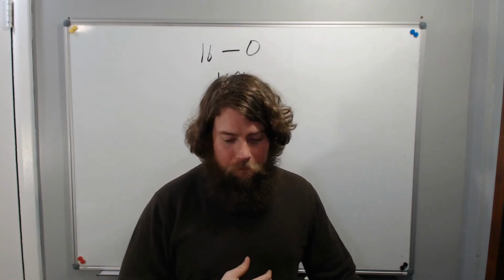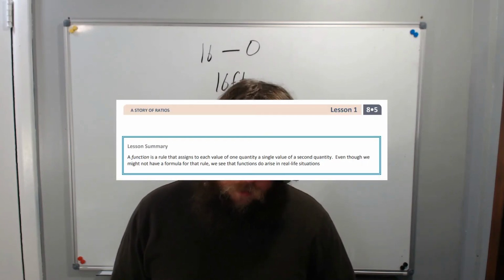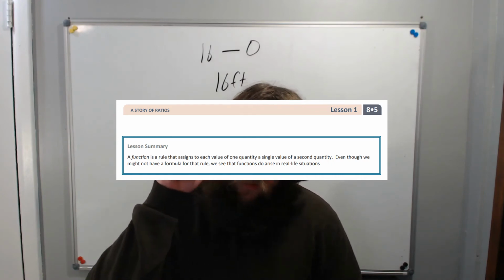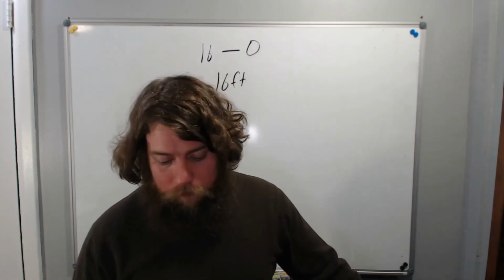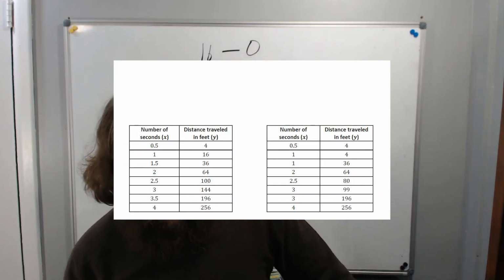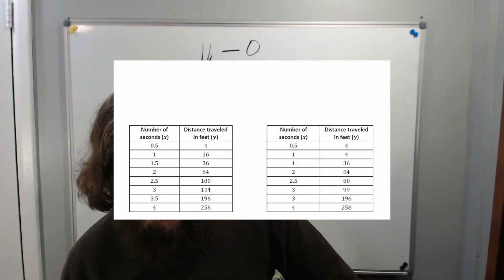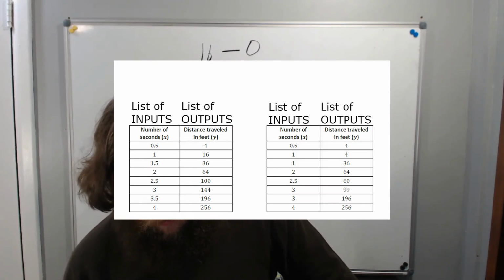So we'll see that it cannot be a function. Last time we defined a function to be a rule that assigns to each value of one quantity one and only one value of a second quantity. If we look at the table on the left, for the x and the y, I might start calling it the list of inputs, and the y's I'm going to call the list of outputs.